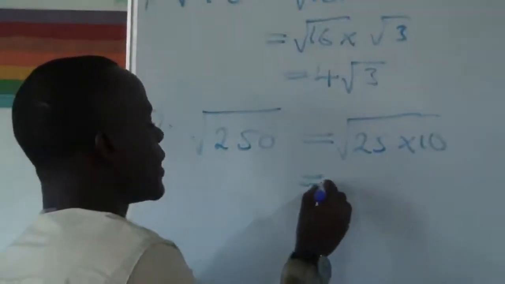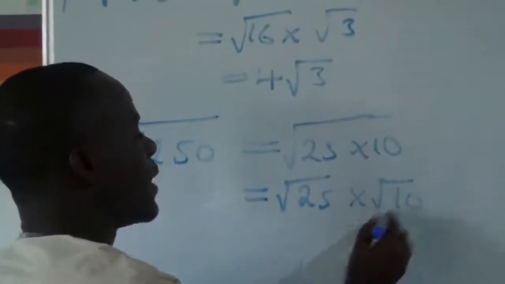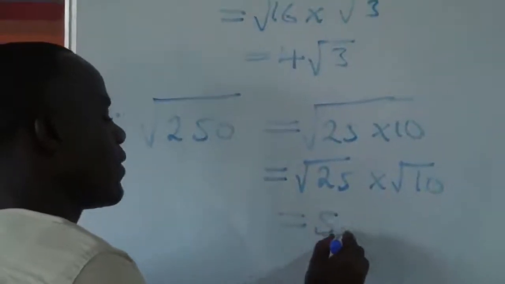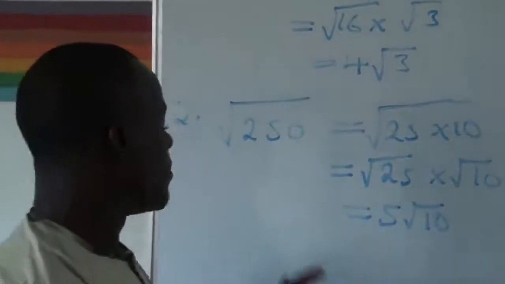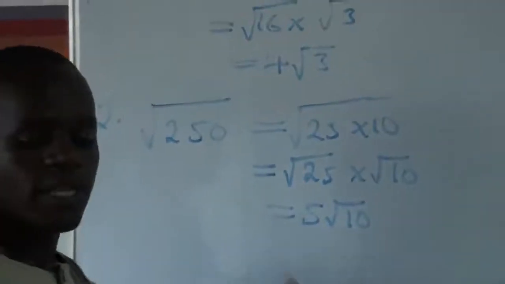And this can be split into root 25 times root 10. What is the root of 25 now? 5. So we have 5 root 10. Therefore, the basic form of root 250 is 5 root 10.